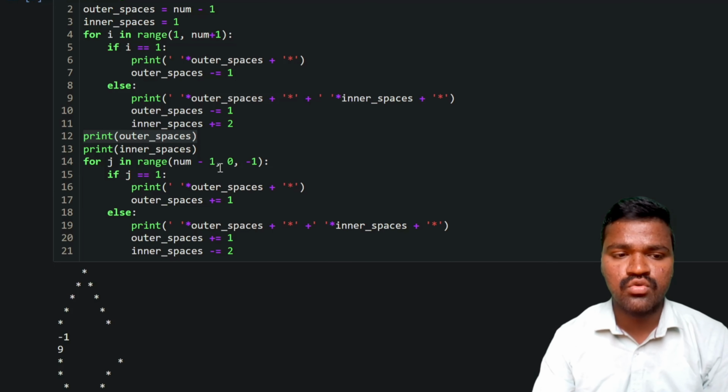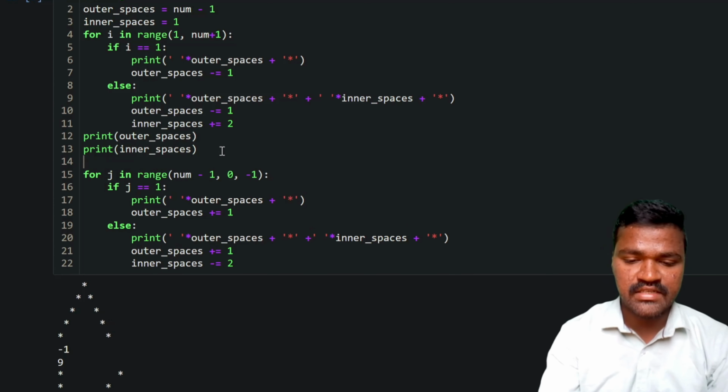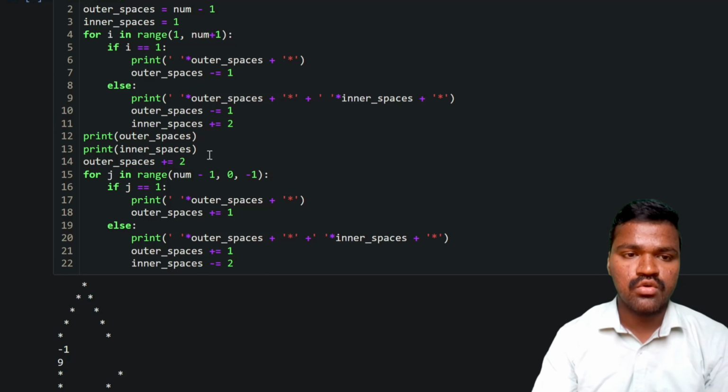With the first increment, the outer space will become 0, and with the second increment, the outer space will become 1. So I will write outer space plus equal to 2, so the outer space will be incremented by 2.